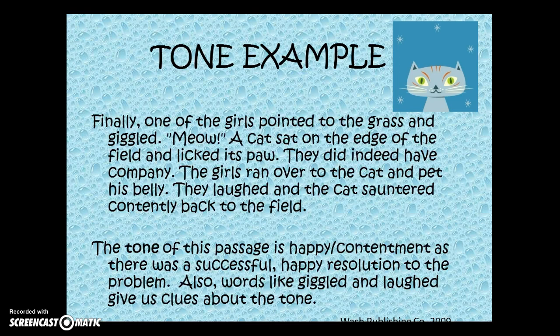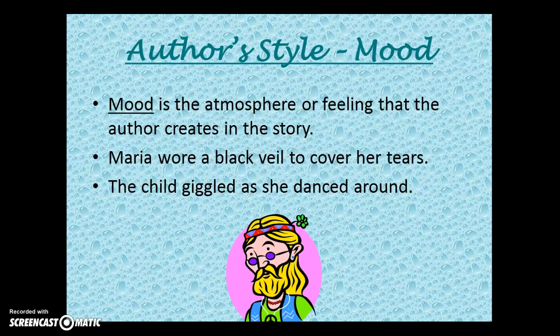Another one. Again, you can pause to read that. This one is happy or content. So there's a successful and happy resolution. They use word choice such as giggled, laughed. They're laying in the grass. The cat sauntered contentedly. So that's pretty clear.